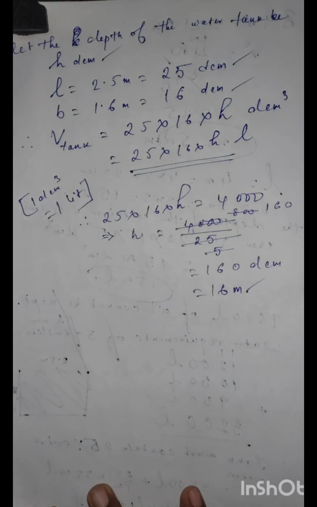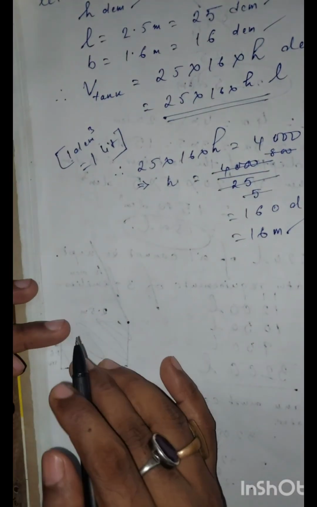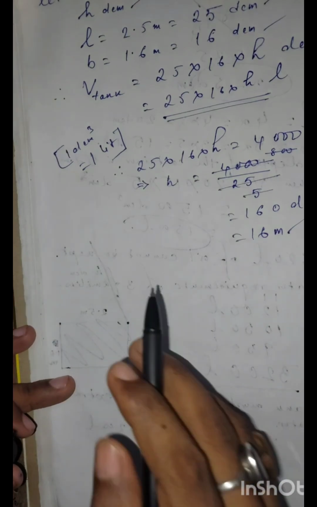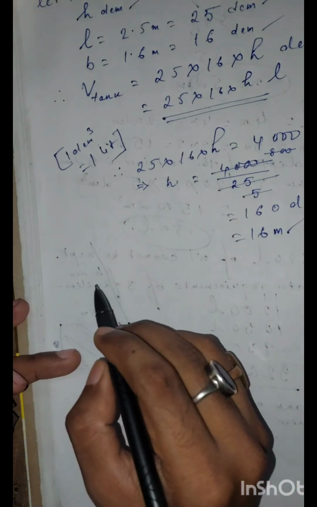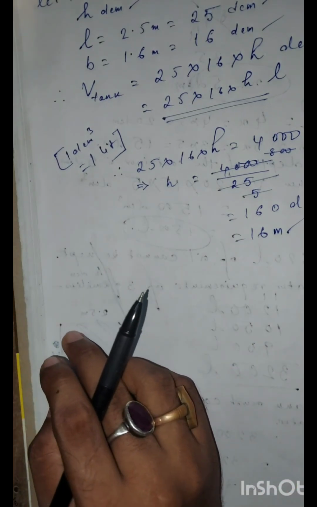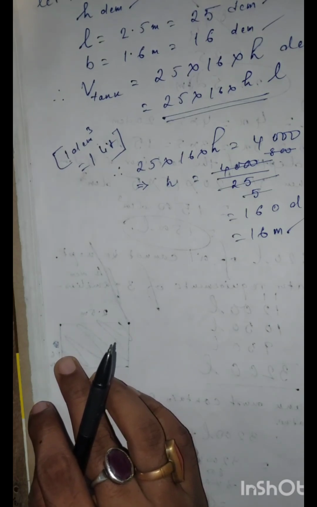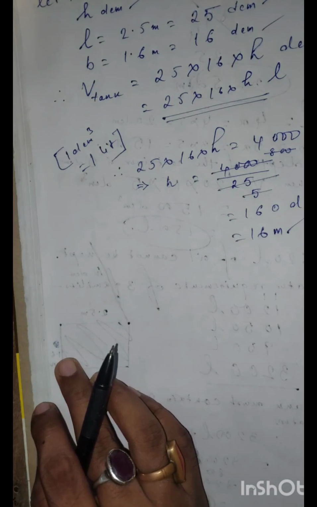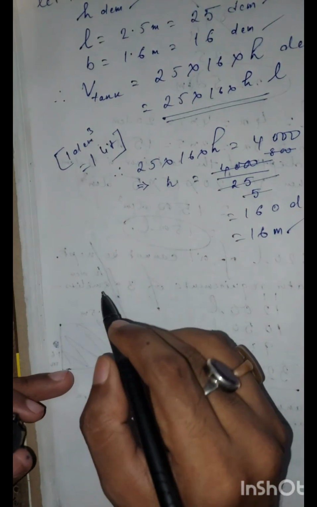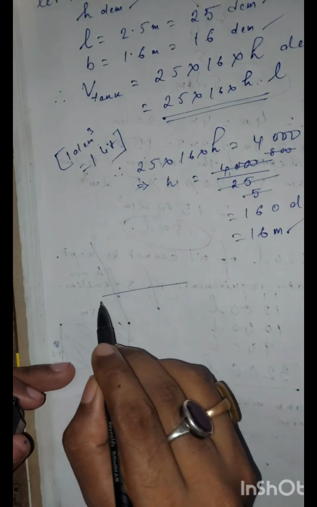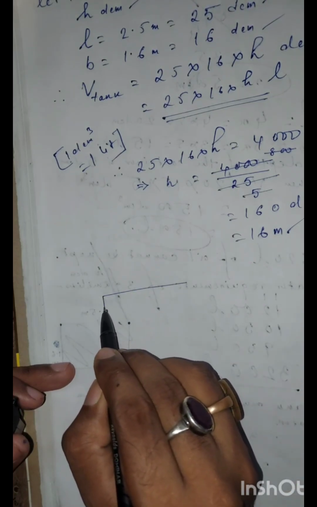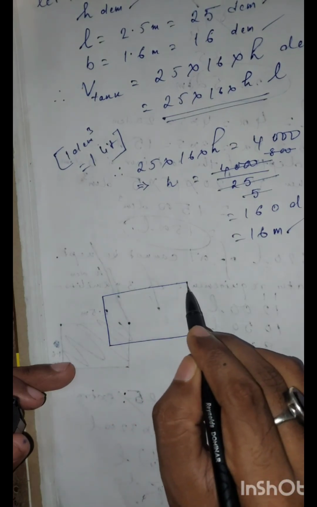Now it has another part. Now the question says, if the dimensions of the place where we are going to put the tank change, let us assume this is our plot where we are going to place the tank.